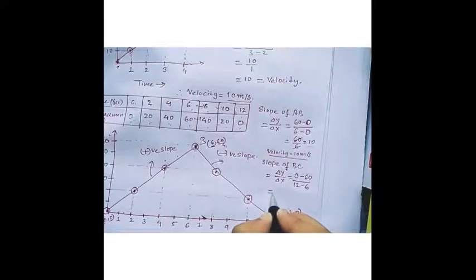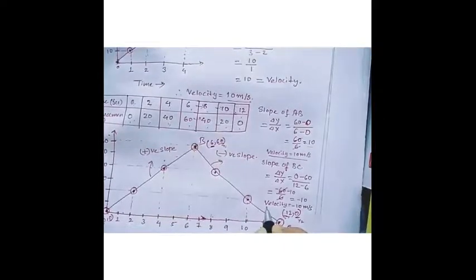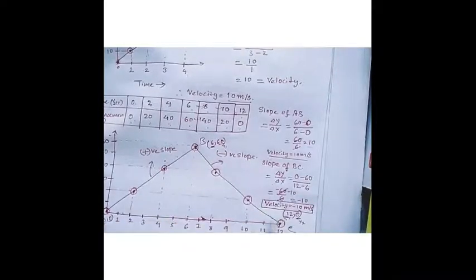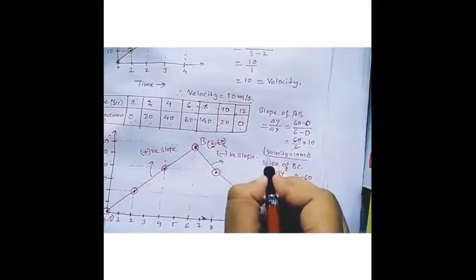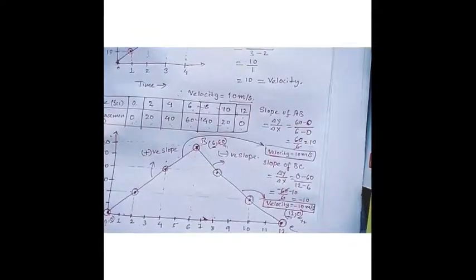So minus 60 by 6, and the answer is minus 10. So here the velocity is minus 10 meter per second. So in this way we can calculate it, as this is the velocity of this side and this is the velocity of this side. I hope you will understand this.